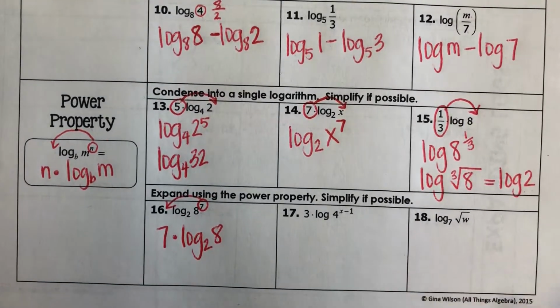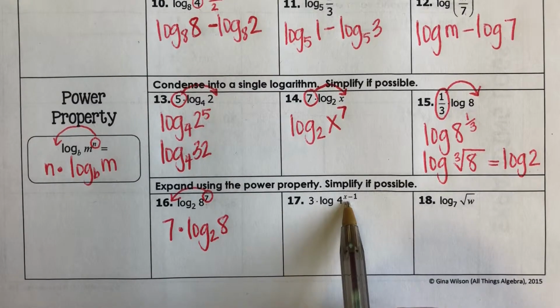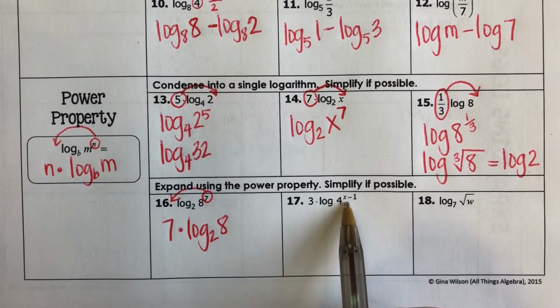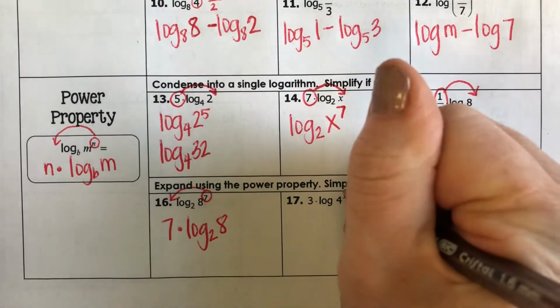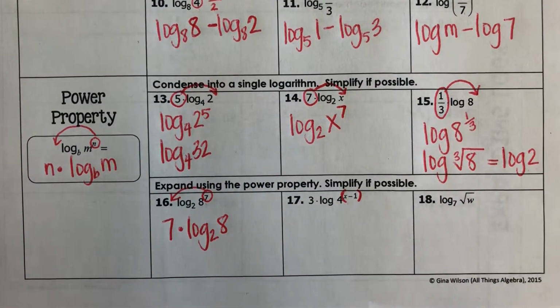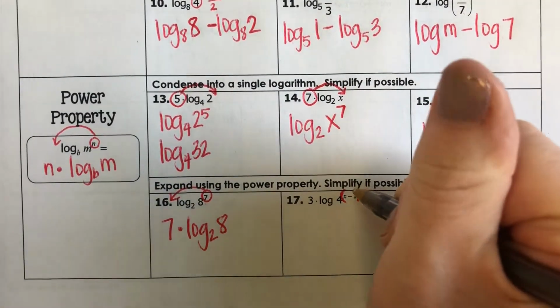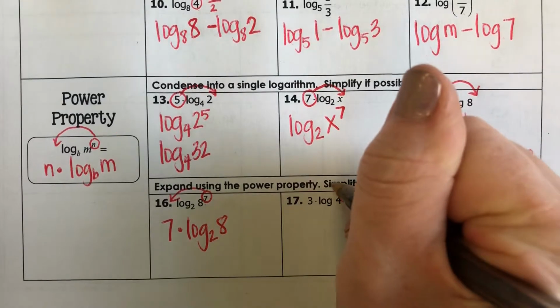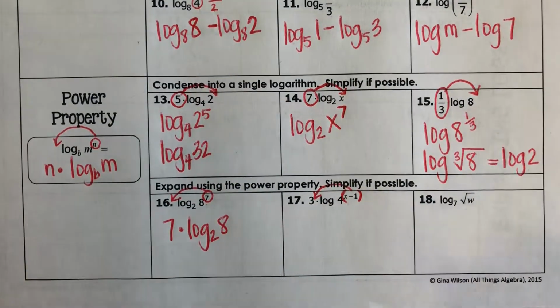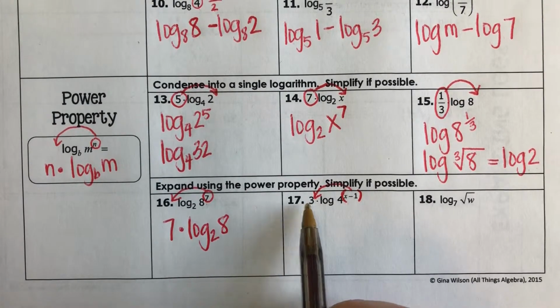Okay? Look at number 17, please. Notice my exponent here. My exponent is an algebraic expression. Okay? So very quickly, I'm going to throw some parentheses around that because I do not want anything crazy to happen to it. It's still going to follow the same process. It's going to be brought to the front and multiplied by this 3 that is already there.